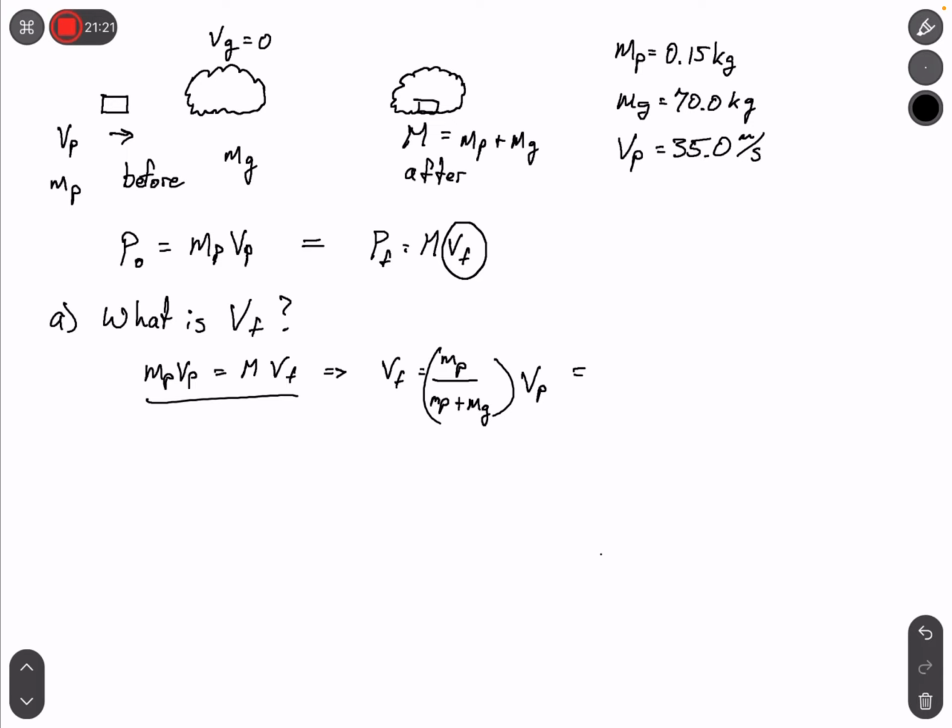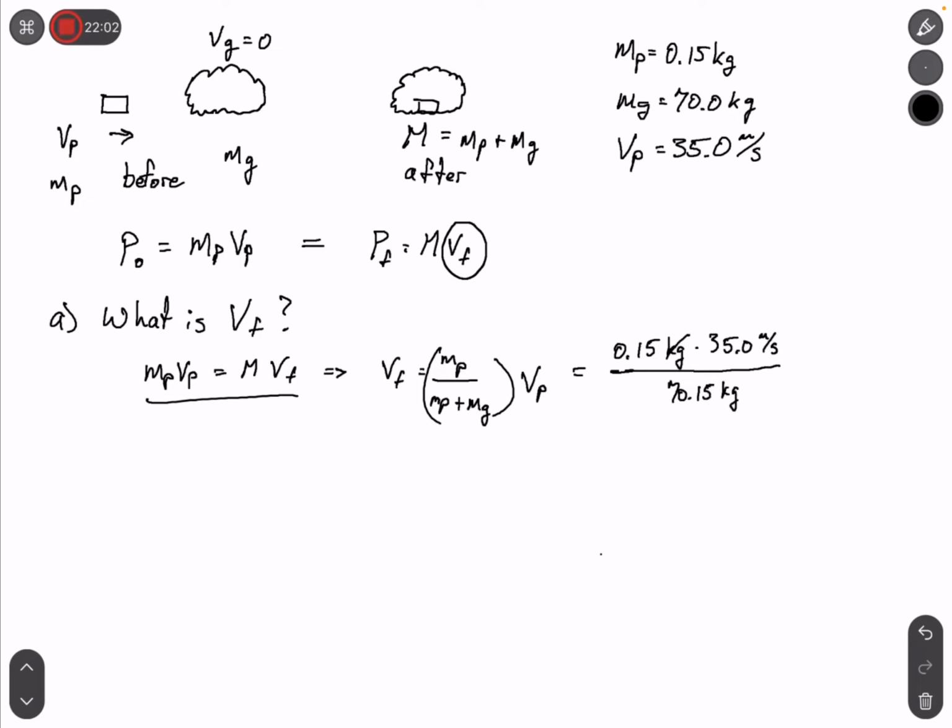Let's plug in some numbers. 0.15 kilograms multiplied by the velocity of the puck, 35.0 meters per second, divided by the total mass of puck plus goalie, 70.15 kilograms.